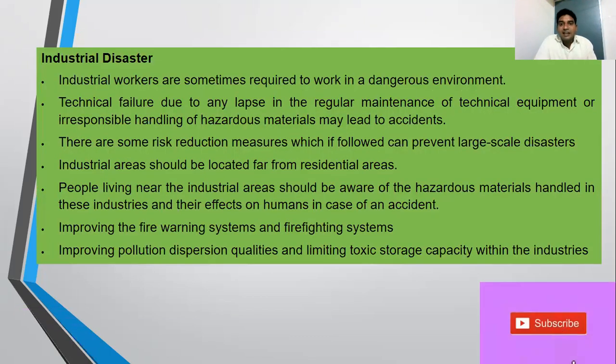Industrial disasters. When there are industries, there is a chance of a disaster happening, and there are examples where a technical failure resulted in industrial disasters. Industrial workers are sometimes required to work in a dangerous environment.